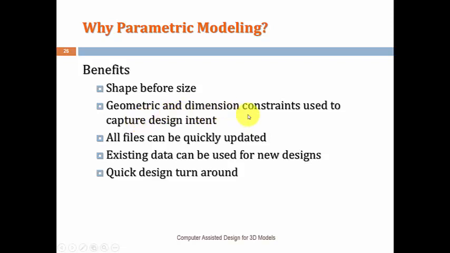Geometric and dimension constraints used to capture design intent. All files can be quickly updated. Anytime I can change dimension, just open the file and then edit whatever we want to do with dimensions and shape and everything. Existing data can be used for new designs.